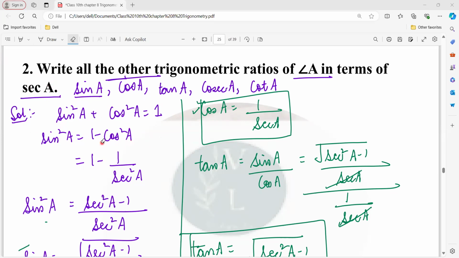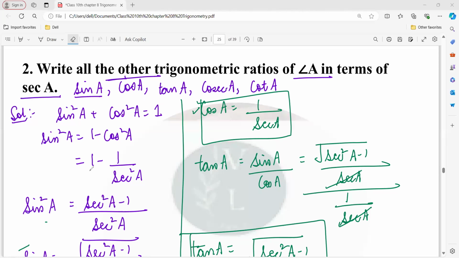So we have converted cos to secant, and we know that cos A is equal to 1 upon secant A. So we have written cos square A is equal to 1 upon secant square A. Now here 1 minus 1 upon secant square A.